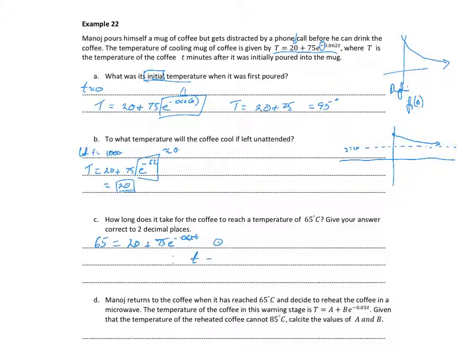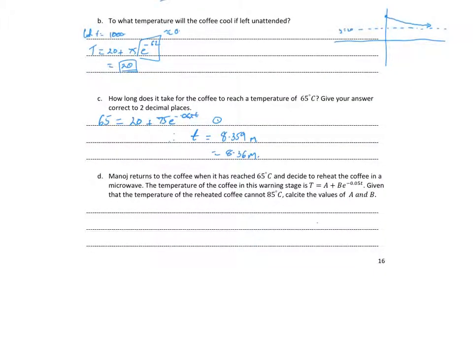And then we're going to get t equal to 8.359 minutes to 2 decimal places. We'll say equal to 8.36 minutes.